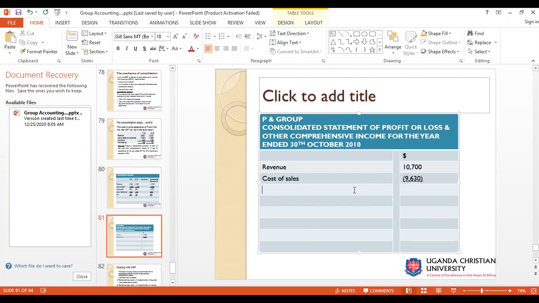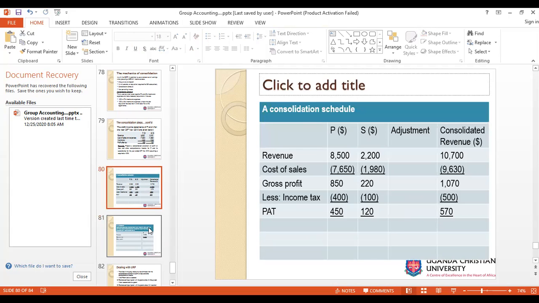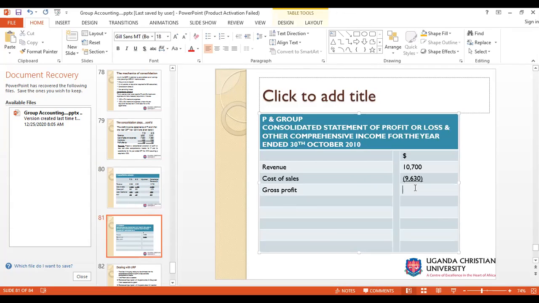This one gives us gross profit. Our consolidated gross profit is 1,070. Then less income tax.